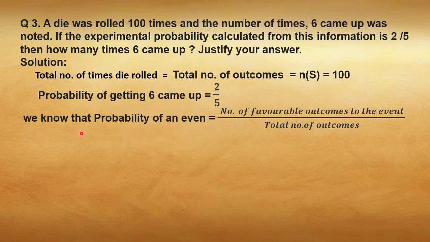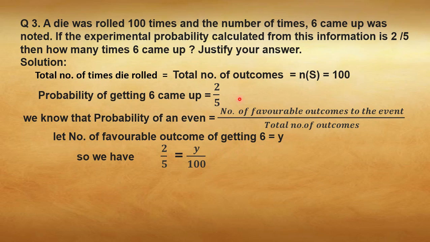As we know, the probability of an event is the number of favorable outcomes to the total number of outcomes. After writing this formula, let the number of favorable outcomes of getting 6 be y. The probability of getting 6 is given as 2 upon 5. So 2 upon 5 equals the number of favorable outcomes upon the total number of outcomes, that is y upon 100.